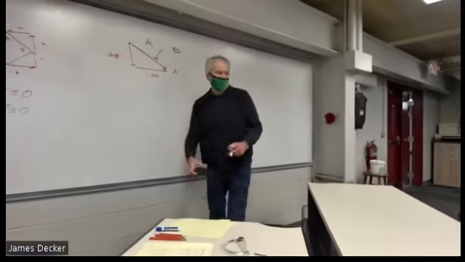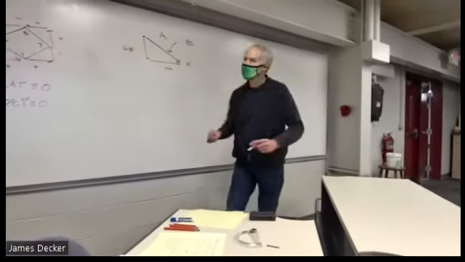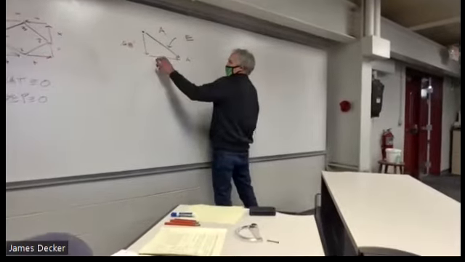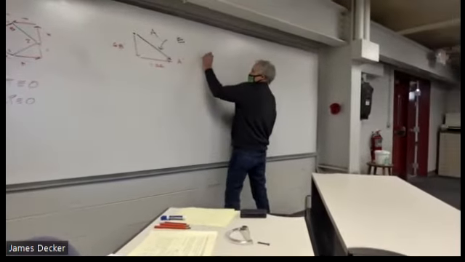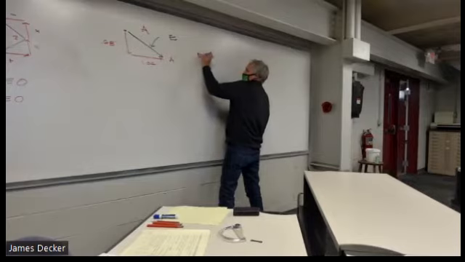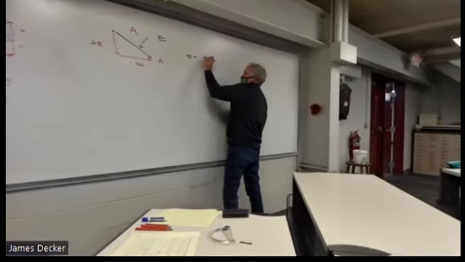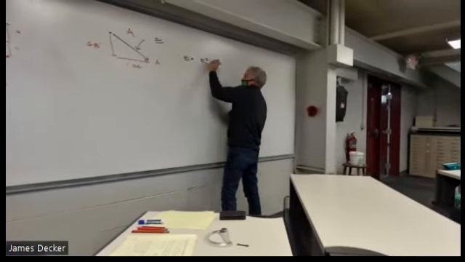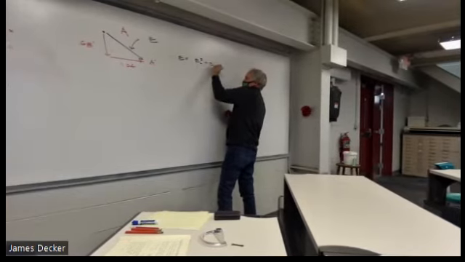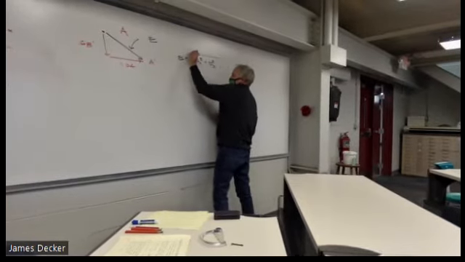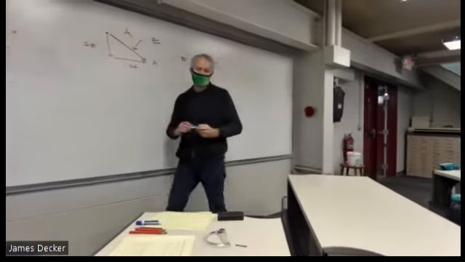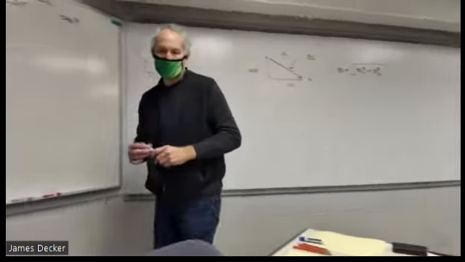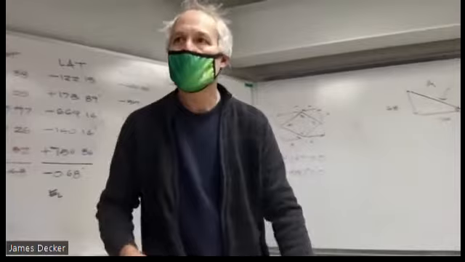So E can be determined by simply using these two. We can say that E, for any traverse, is the error in latitude squared plus the error in departure squared, and we take the square root of that. What is that equation?